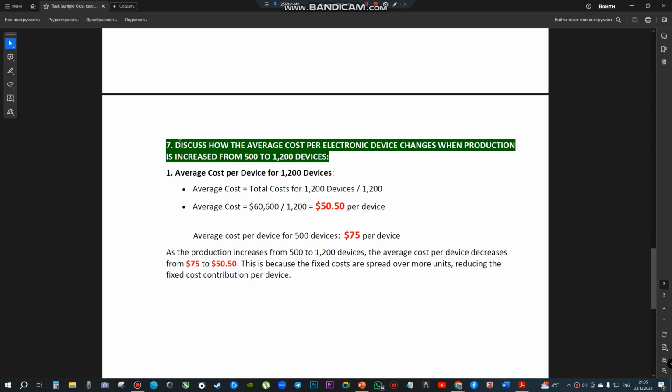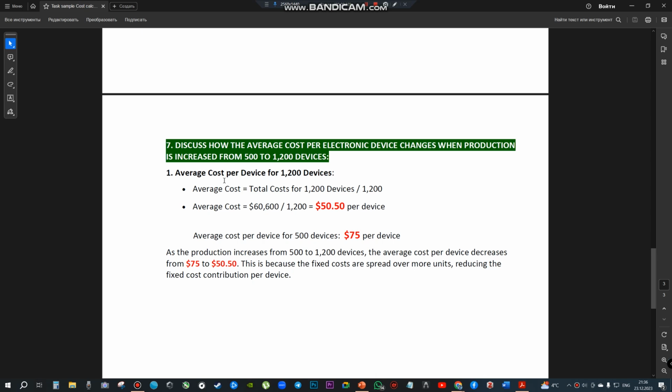Sub-question number 7 involves the discussion of how the average cost per electronic device changes when production is increased from 500 to 1,200 devices. So in this case, we need to understand what cost the company incurs when it produces 1,200 devices.